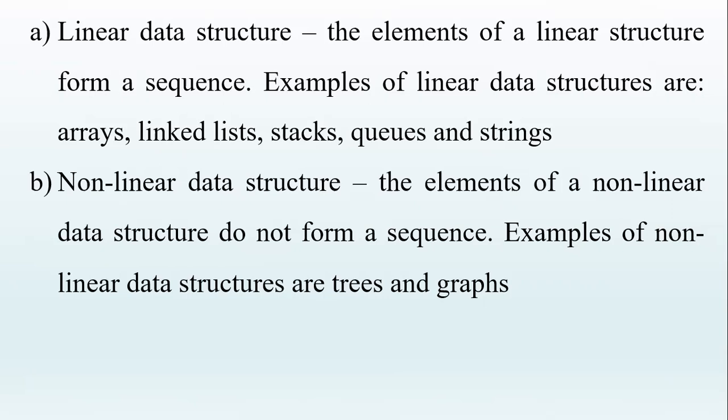The second type are the nonlinear data structures. These are the elements of a nonlinear data structure that do not form a sequence. Examples of nonlinear data structures are trees and graphs.